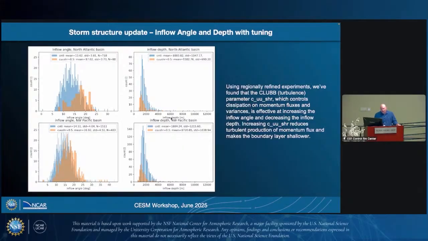So we expect to see maybe a shallower boundary layer in that case, and that seems to correspond as well to an increased inflow angle in both basins again, and again with reduced inflow depths. So it's nice to know that we're able to get a handle on this using just a single parameter and get numbers that we like a little better.